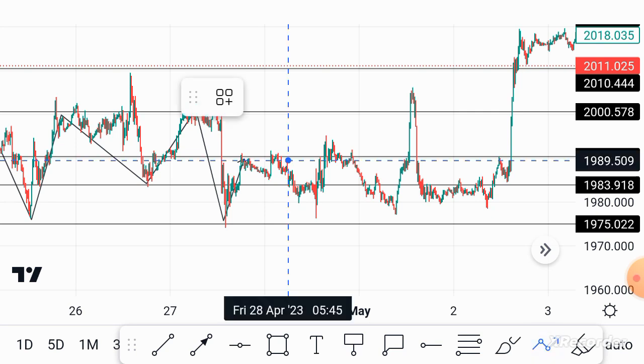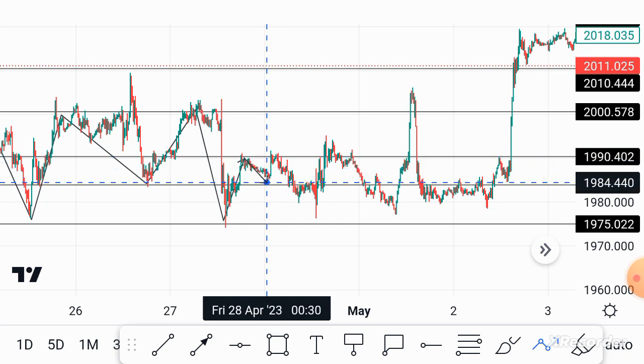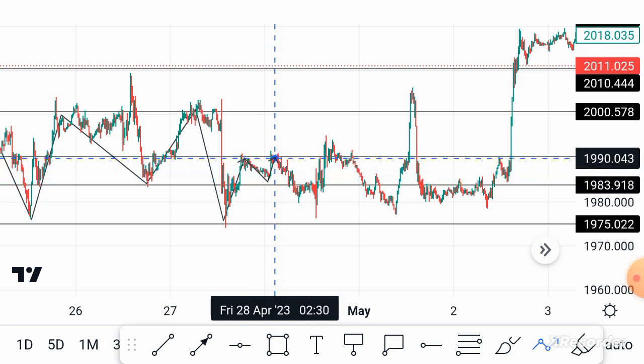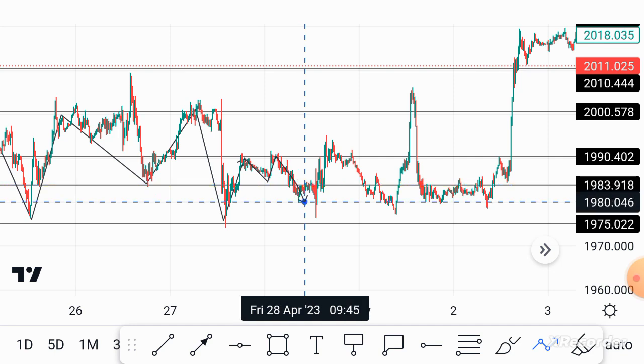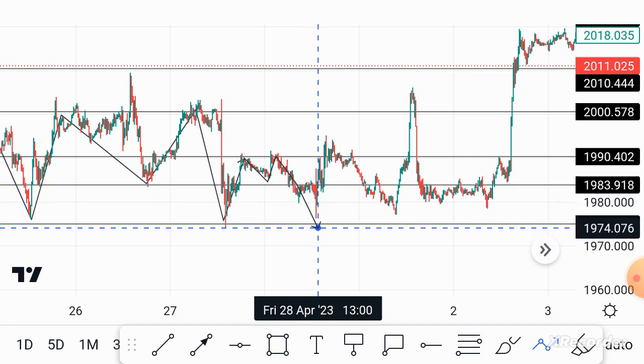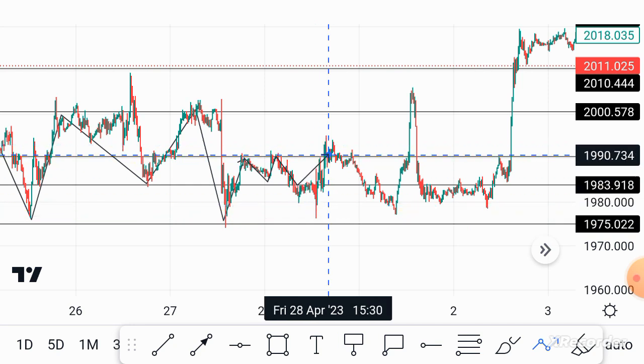Okay, so we could see another one here, price came all the way down here, it went up, came down, however consolidated for a while, you know, and then it shot all the way up, right?